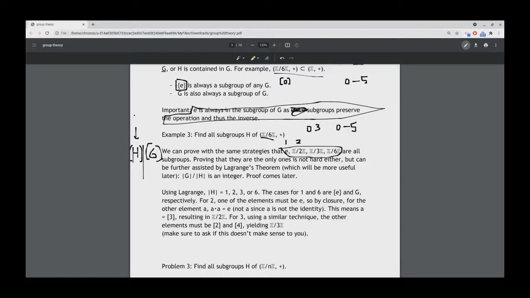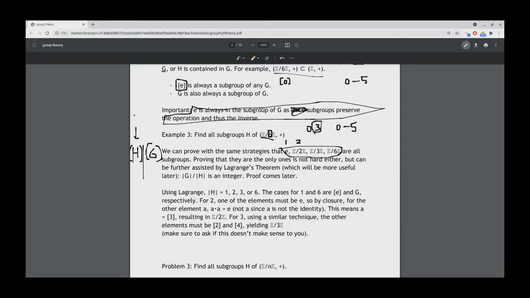If it was any other number n, then n plus n would have to either equal itself or 0. And n plus n can't equal itself unless it's 0, and n plus n can't equal 0 unless it's 0 or 3. Again, make sure to follow the mods.